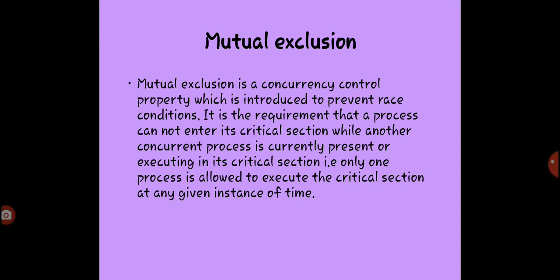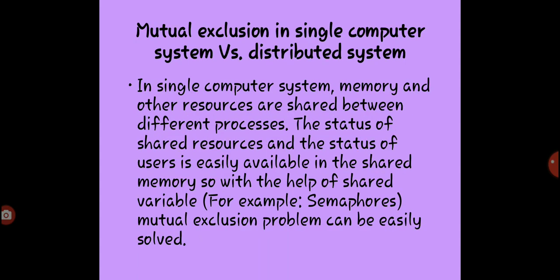The waiting process can use the resource only if the current process releases it. So this is called mutual exclusion: working along with the resource without any interruption.